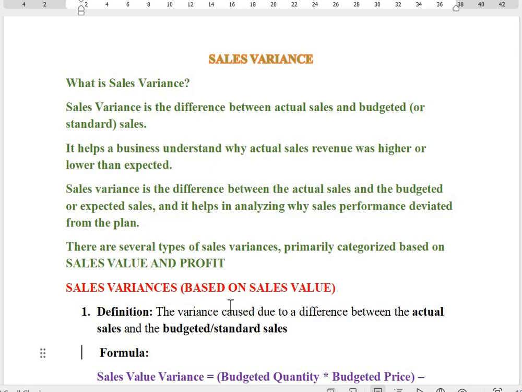Before making sales, we have to estimate how much quantity we are going to sell, at what value, and at what rate.